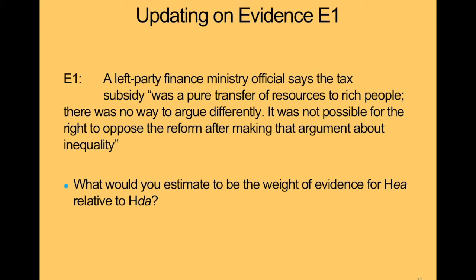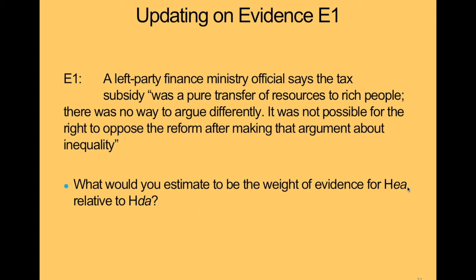That the opposition party is unfair and is only begrudgingly brought to acknowledge problems with inequality. So we might think it's kind of consistent with the equity appeal, but we're not fully convinced because we might doubt the veracity of the motives of a left party official or finance minister, right? It doesn't fit the declining assets very well, but again, it's probably not strong evidence.